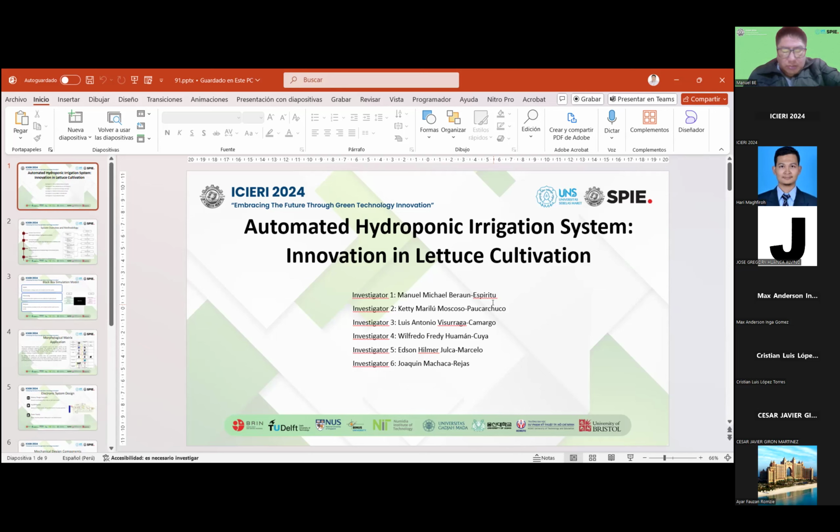The methodology applied in the design of the system is based on the VDI 2221 standard, which provides a systematic approach to the identification and resolution of engineering problems.